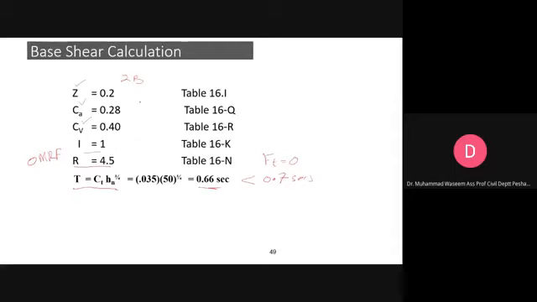You have to use some tables, like from zone 2B, you have Z, Ca, Cv, these values. Importance factor is 1. The building is an ordinary moment resisting frame, so the response modification factor can be 4.5. You should estimate the time period. The time period is less than 0.7, so straight away Ft value will go to 0.